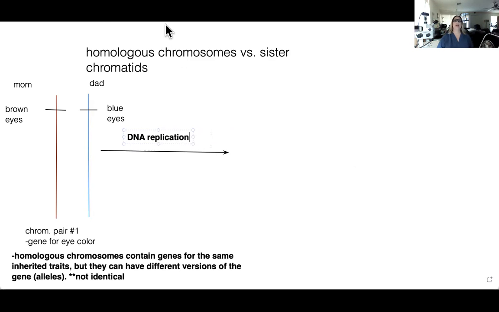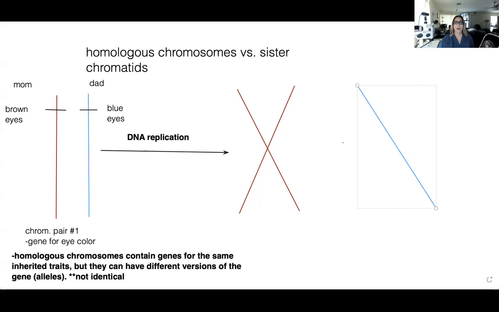Now, after DNA replication, you have sister chromatids. So take me just a second to draw. Okay. Well, I'm just going to draw the eye color gene here. So same location, right?